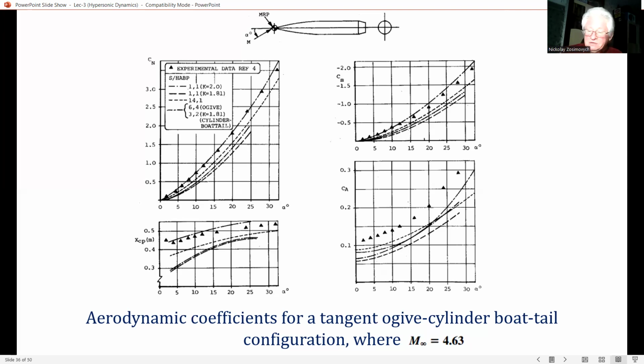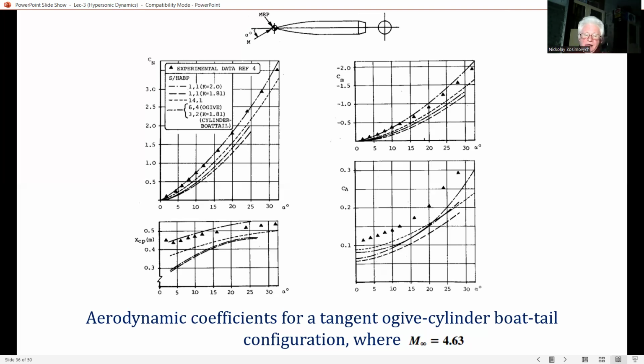The curve labeled number 14 uses the Dahlem-Buck empirical method. It was not described in our lecture. For the windward side, it is Newtonian with Cp equals 0 for the leeward side.